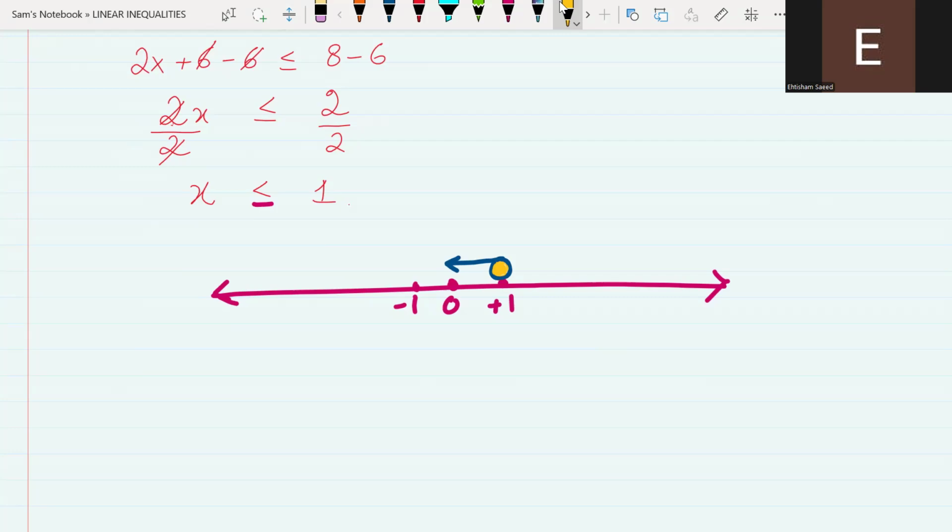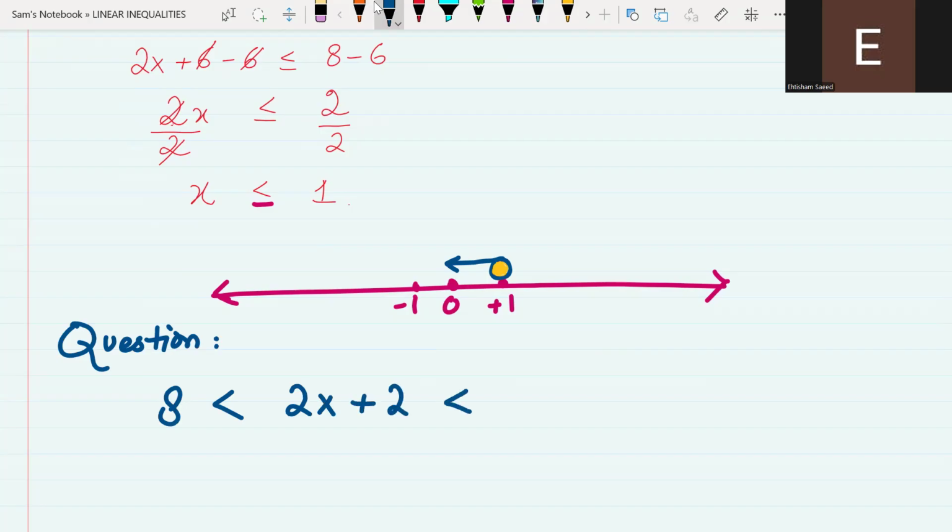For example, we have another inequality, that is a double inequality. I'm going to give you another question: 8 is less than 2x plus 2 is less than 16.